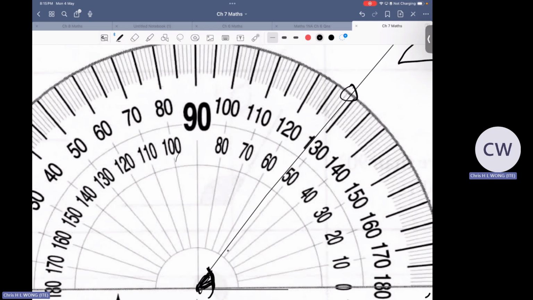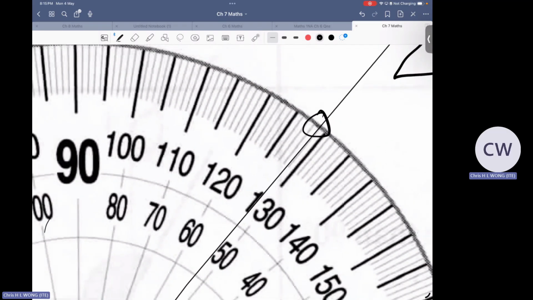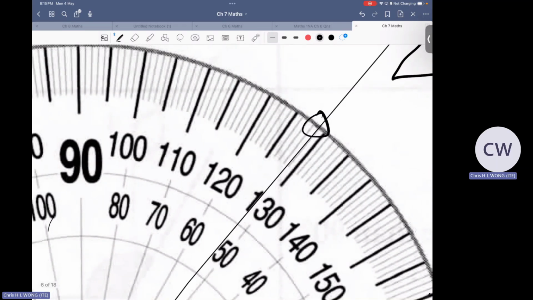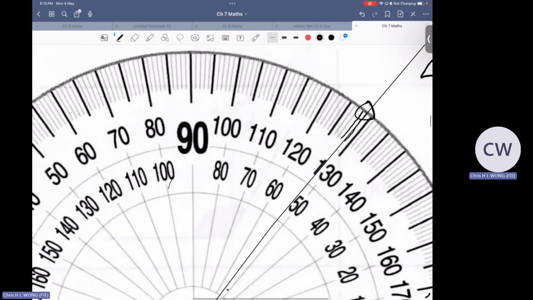No, less than 53. This is 50. Actually, it's 51. 51, right? Let you see. 51 here. So 51, yeah. Okay. All right. But I'm sure you can measure.